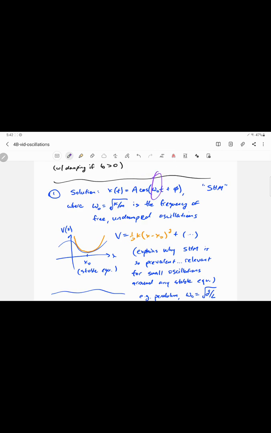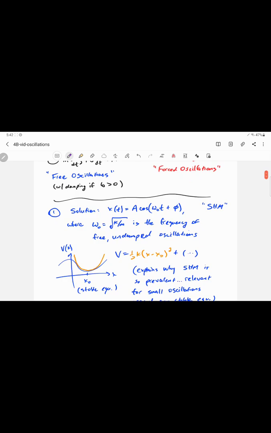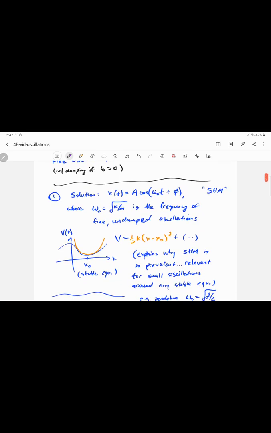This omega naught is predetermined, though. It isn't a constant of integration. Omega naught is determined from the parameters in the problem, the mass and the spring constant. Given the mass and the spring constant, you know the frequency of oscillations.